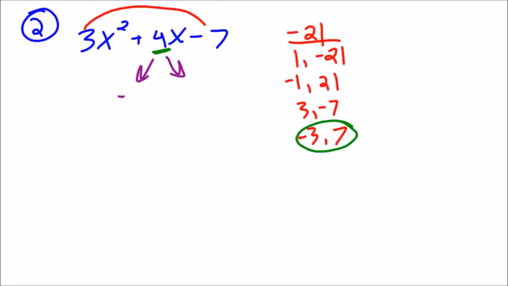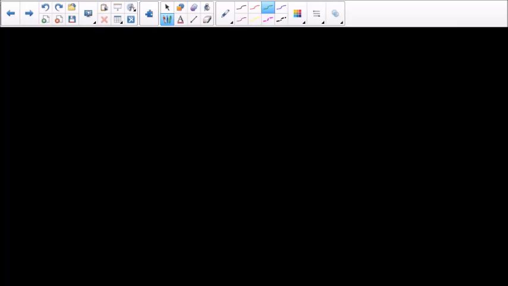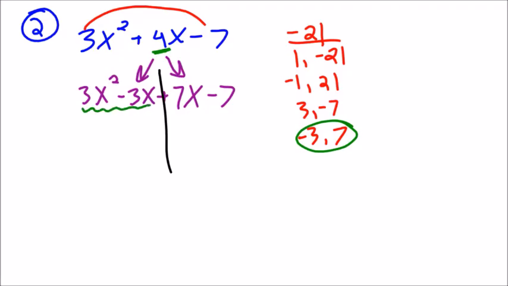I'm going to write negative 3x plus 7x, and the 3x squared and negative 7, they come down as well. They don't change. The only thing we're doing is trying to rewrite the middle term, because now we can separate this into two different problems where this guy and this guy both have GCFs.